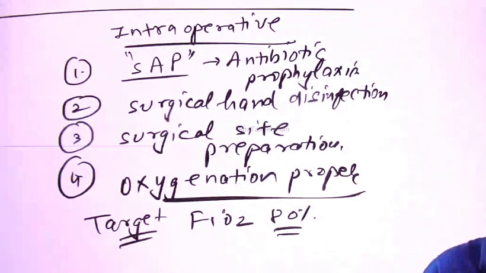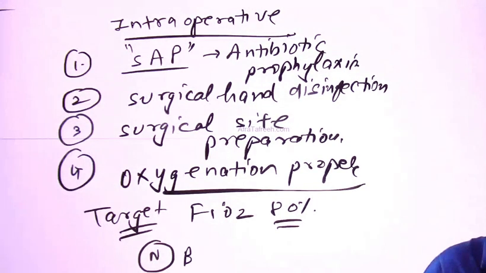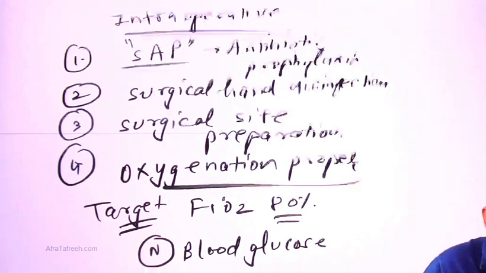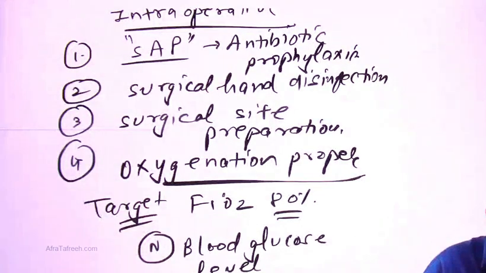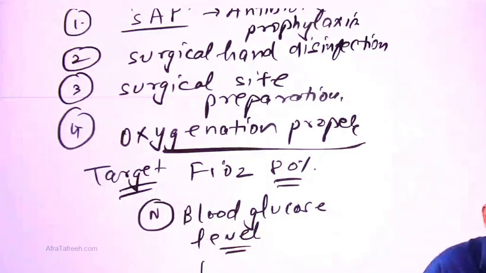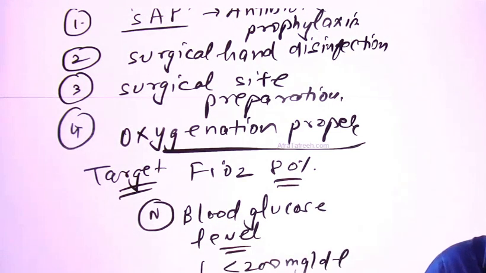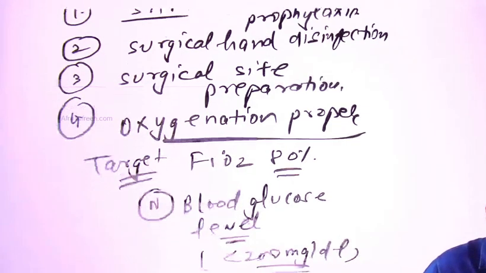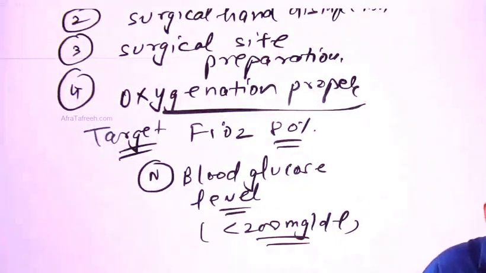Along with this, the anesthesia fellows also maintain what? The normal blood glucose levels during the surgery, and the ideal one definitely should not be more than what? 200 mg per dl. That is the target level. Okay, the nutritional support that everybody gives.